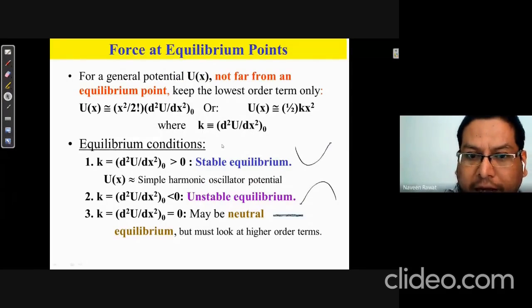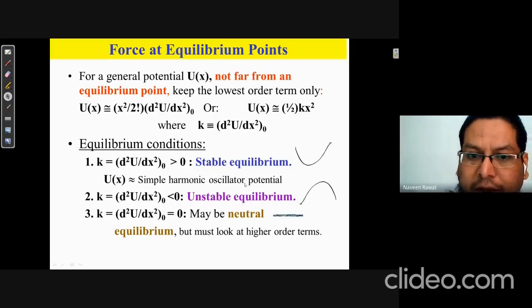The condition to verify whether you have a stable or an unstable equilibrium is pretty straightforward. You are given a potential function, you take the double derivative of the potential function, and if it is greater than 0, then you know that it is a stable equilibrium, where the situation is something like this.